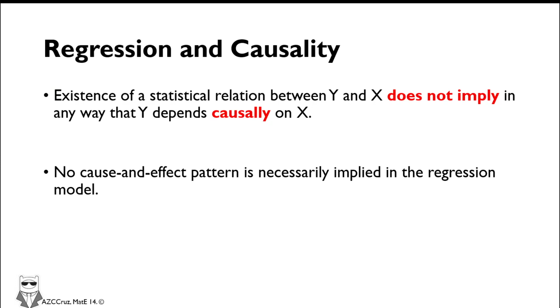So when we already figured out na meron silang statistical relationship, linear relationship that is, between them, hindi natin pwede sabihin na x causally affects y. Okay? So there just exists a relationship between them. So no cause and effect pattern is necessarily implied in the regression model. Okay?